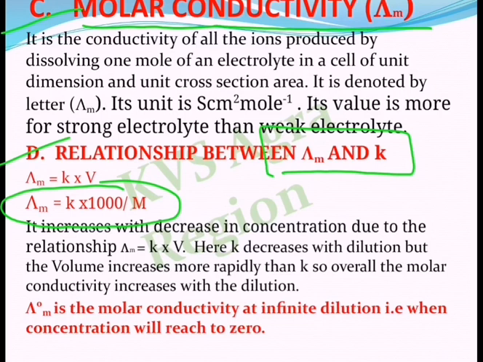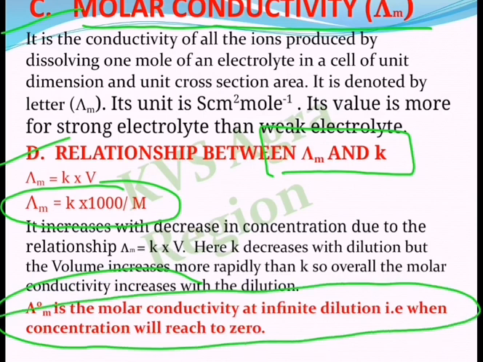Now the variation of molar conductivity with concentration: it increases with decrease in concentration, due to the relationship lambda m is equal to kappa into V. Molar conductivity increases by the addition of more water, and when you add more and more water, the molar conductivity keeps increasing.